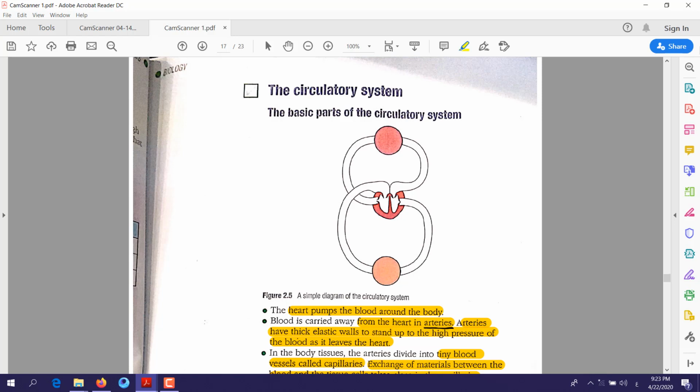Blood vessels are required to carry blood around the body. Number three, the blood. And within the blood, we will have blood contents. So, the parts of the circulatory system: heart, blood vessels, and blood.